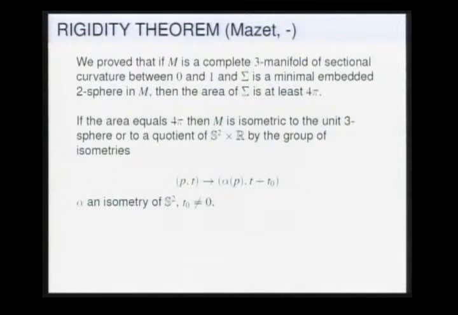If the area equals 4 pi, then you have rigidity. If the area equals 4 pi, then the manifold is isometric to the unit 3-sphere or to a quotient of S2 cross R by an obvious group of isometries, which I wrote down there. So the existence of a minimal sphere of this area gives you rigidity under these hypotheses.